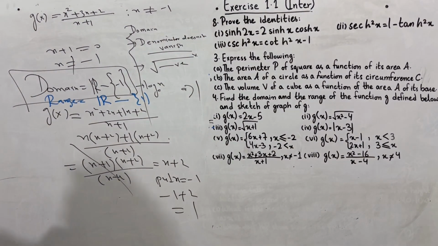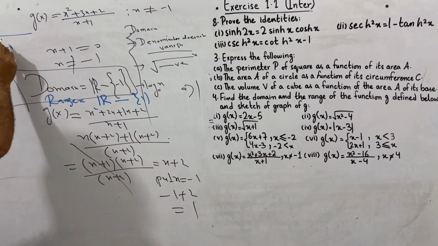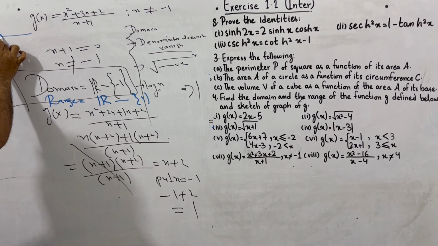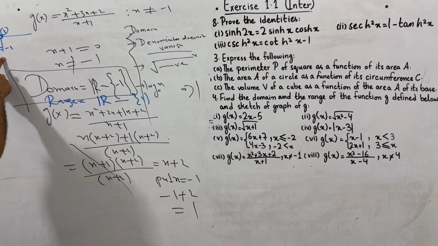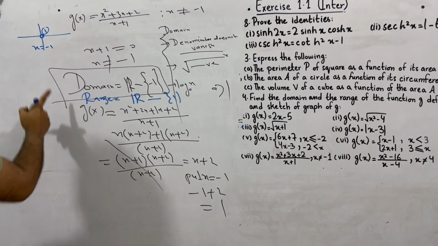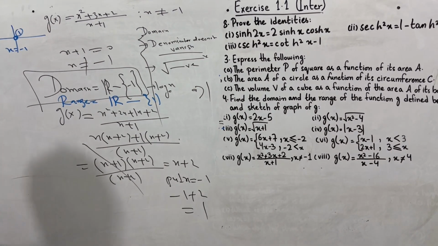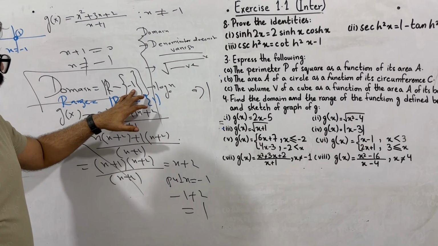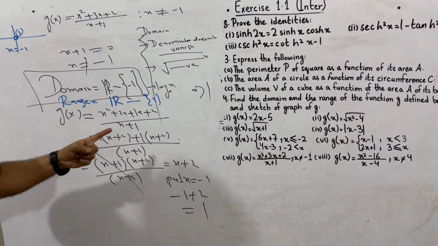On the graph, when x is minus 1 and this one is 1, we have to show here a jump, a hole. Minus 1 is not in our domain, and the corresponding value 1 is not in our range. So its domain is all real numbers excluding minus 1. The range of this function is all real numbers excluding 1.